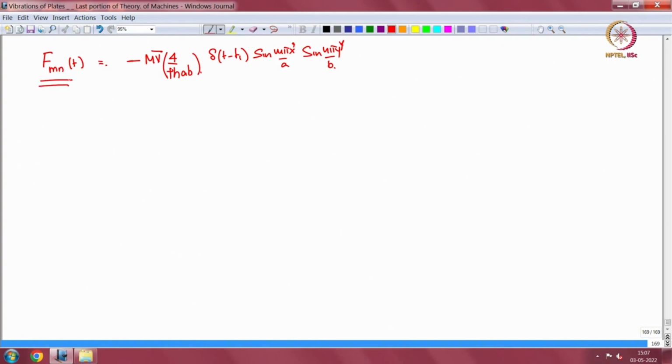So now that goes into my eta mn double dot equation, this is fmn of t with a delta function.